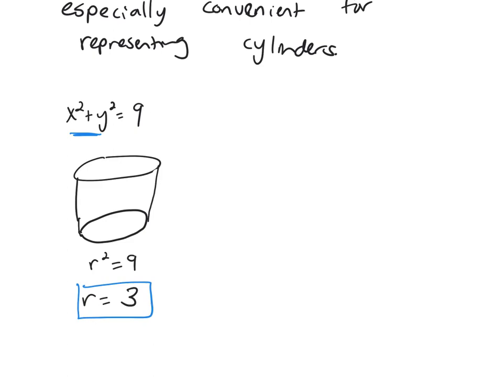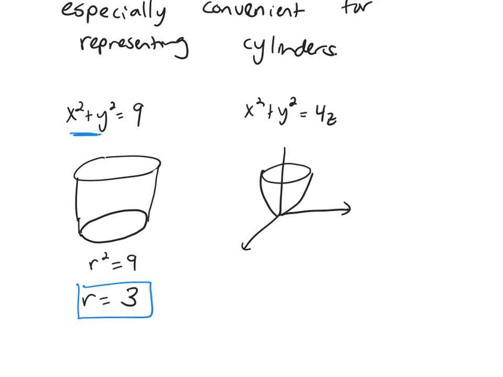Let's look at another cylinder equation, maybe not a right circular one. Let's go with x squared plus y squared equals 4z. If I graph this, it would go upwards on the z-axis, and this is a paraboloid.